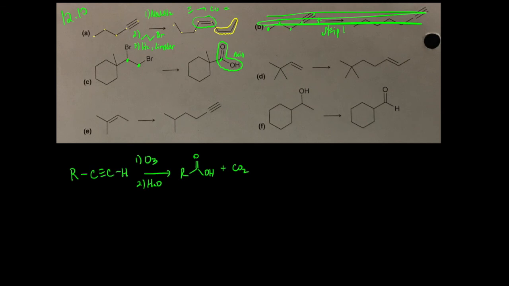Ozonolysis. Okay, you just need to memorize that. There's only one way to make one carbon disappear, and that's through ozonolysis, so far we've learned in the class. So now I need to think about, well, how do I make an alkyne? The way I make an alkyne from a vicinal dibromide is with 2 equivalents of sodium amide. And then I want to do the ozonolysis. The ozonolysis is technically 2 separate steps, but that's how you would change that to the carboxylic acid.